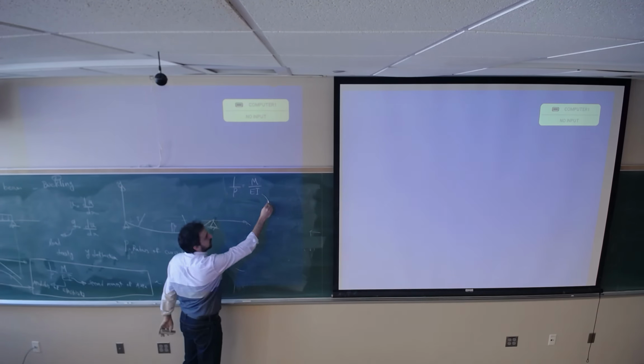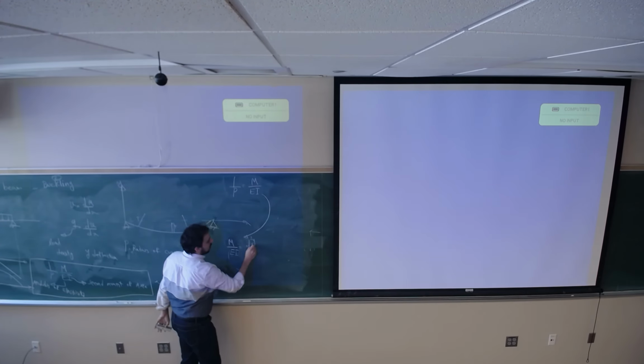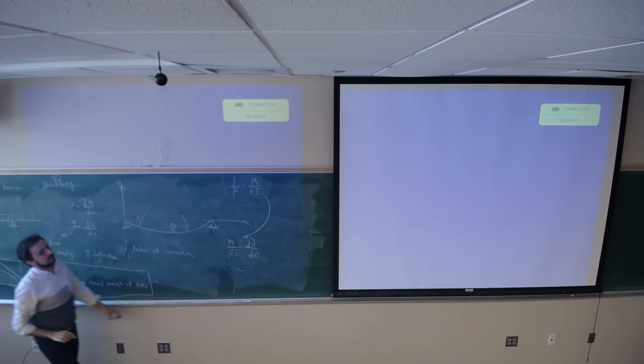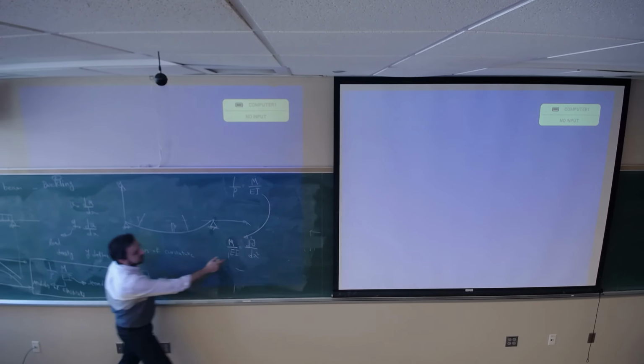I would like to show you, but anyway, I can prove easily that 1 over rho, this equation M over EI, is going to be the second derivative of y with respect to x.